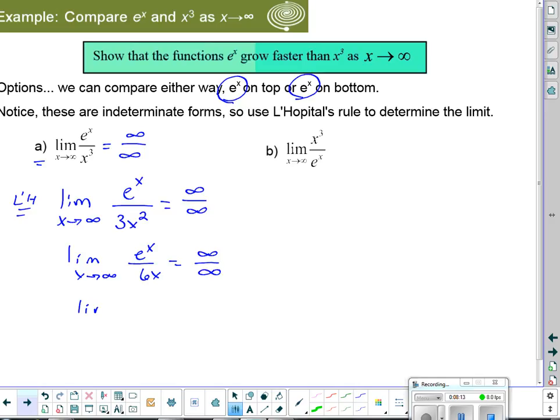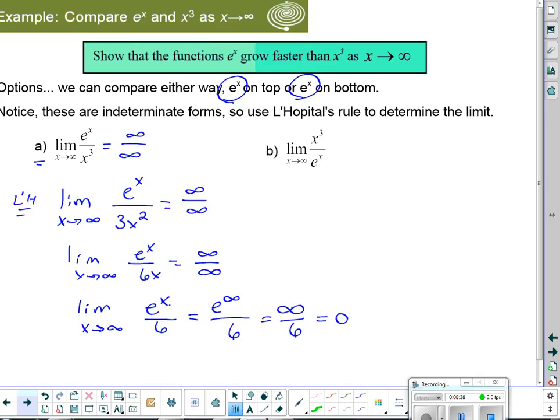You know where this is going. Keep doing enough L'Hopitals. e to the x over 6. Awesome. We finally got the bottom down to a constant. And if I allow my analysis at infinity, I get e to the infinity, which is large, divided by 6, which isn't so large.